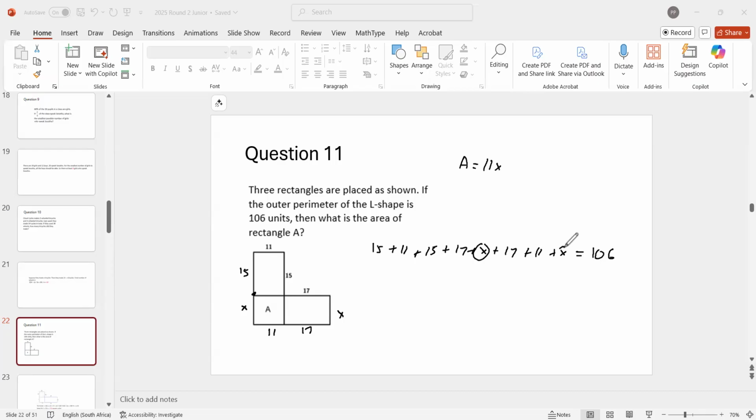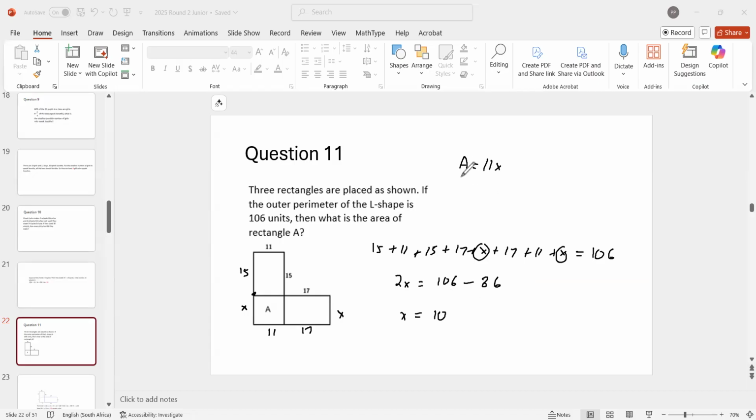There are 2 x's on the side. Let's add up all these things here. Get 30, 41, 58, 75, 86. Add it quickly, and you see that x is equal to 10. Well, I don't know whether that's the correct answer.